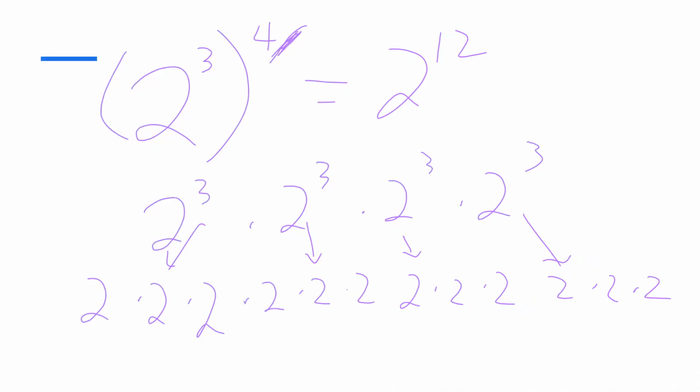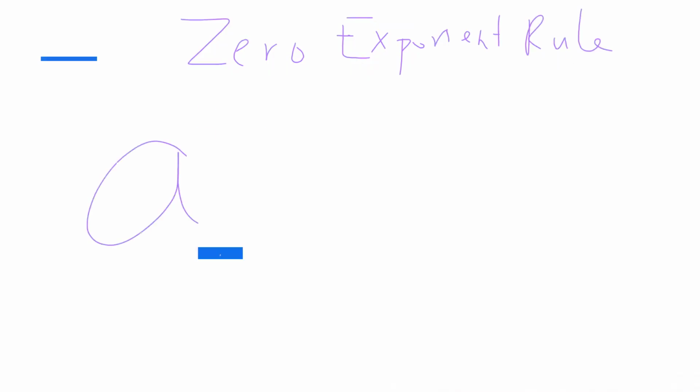Another rule: the zero exponent rule. This states that if you have a non-zero number, a to the power zero, this should always give you 1.